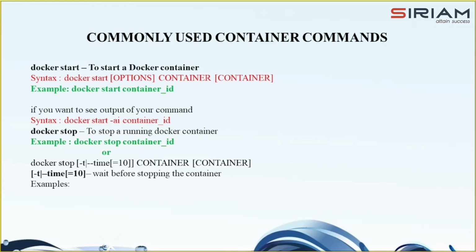By default, Docker sends a signal to the main process inside the container, allowing it to gracefully shut down, and you can specify a time period using the -t or --time option to wait before stopping the container. So if the container does not stop within the specified timeout, Docker sends a SIGKILL signal to forcefully terminate it. So this command is used to gracefully shut down containers and release their resources.